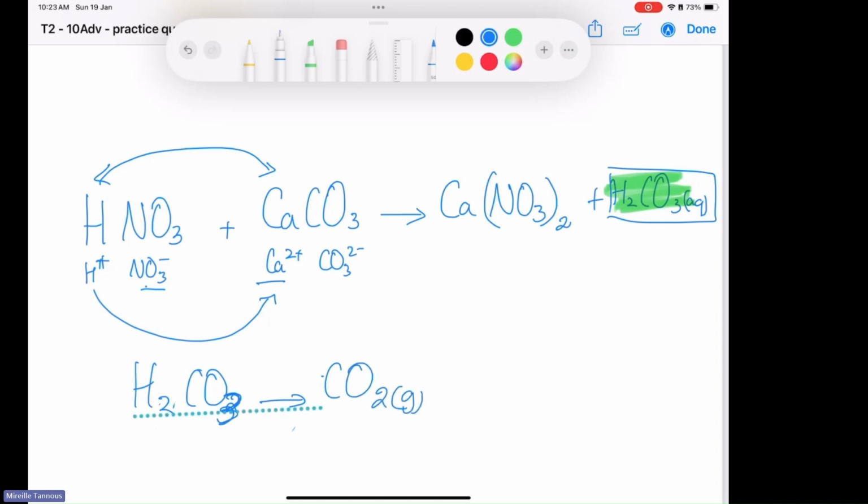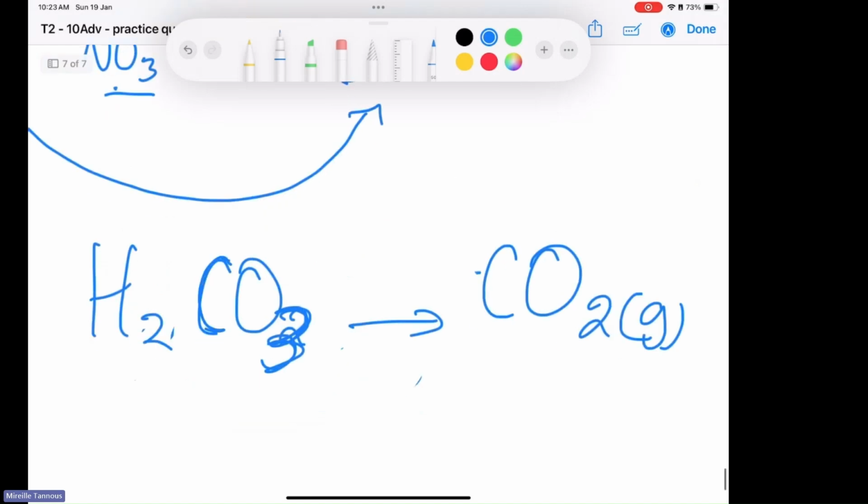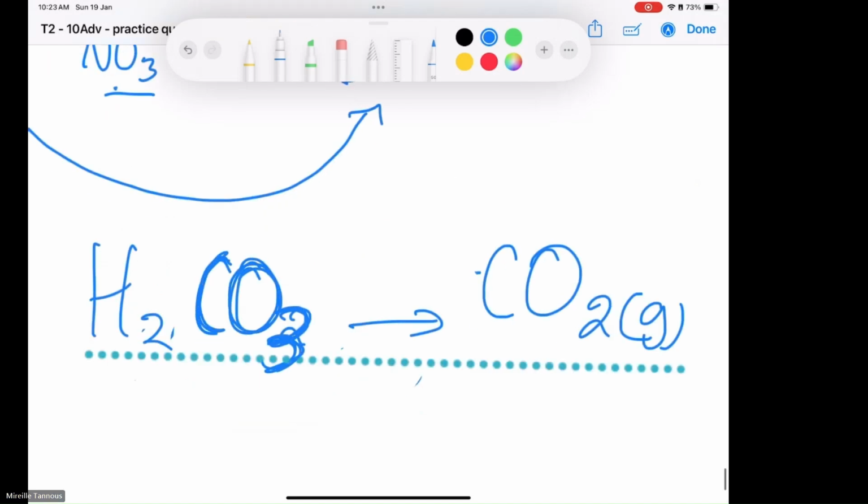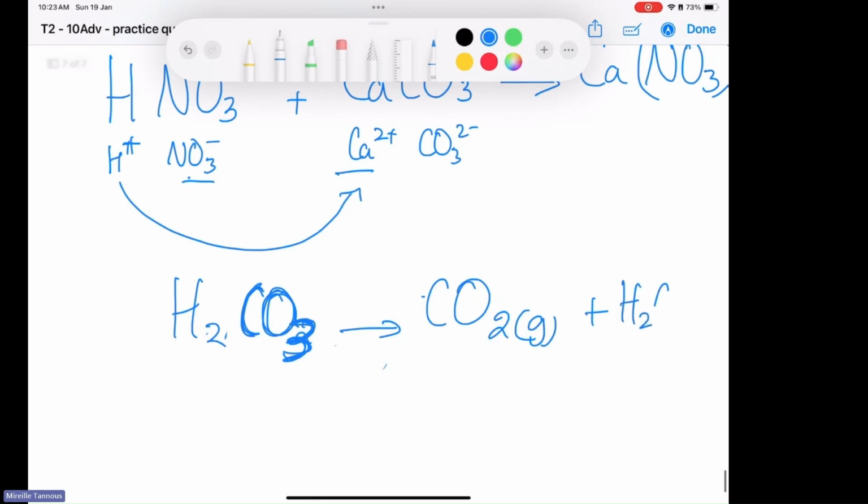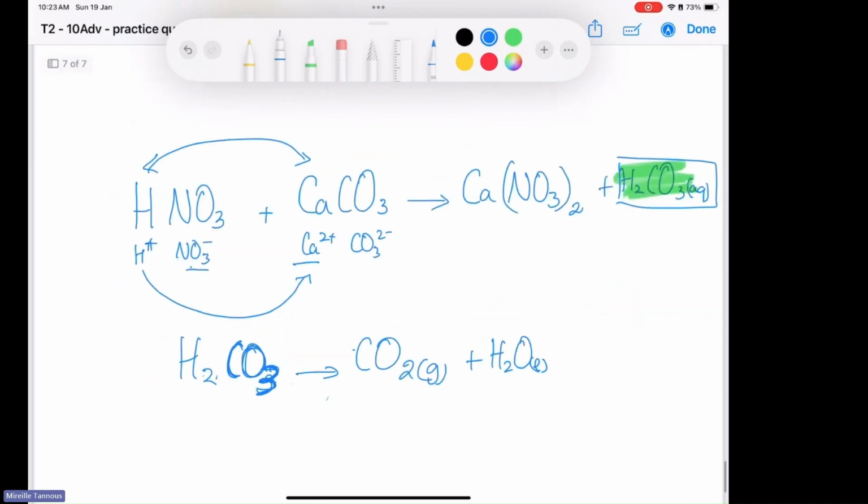So C, look at it, CO3. I'm taking from it C and O2, so I'm left with 1 O and H2O liquid. So instead of writing this one, we tell the students you can automatically write that this equation will also give me CO2 gas and H2O liquid. I will mention this again in class.